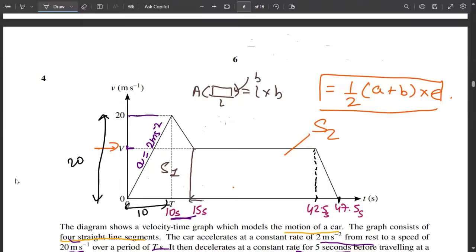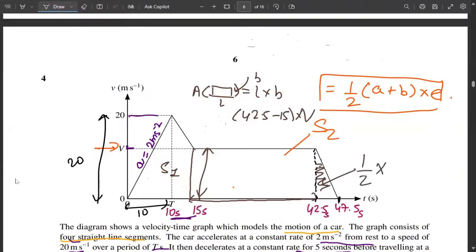The length will be 42.5 minus 15, into what will be the height? We can even say breadth or height. The height will be V. And this triangle now, in order to solve this triangle, half into length. Length is 47.5 minus 42.5, which is 5, into height.